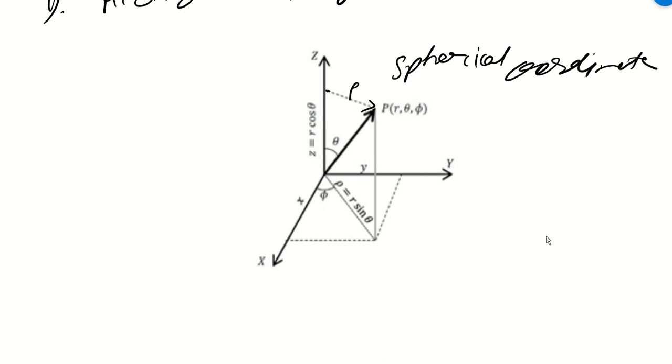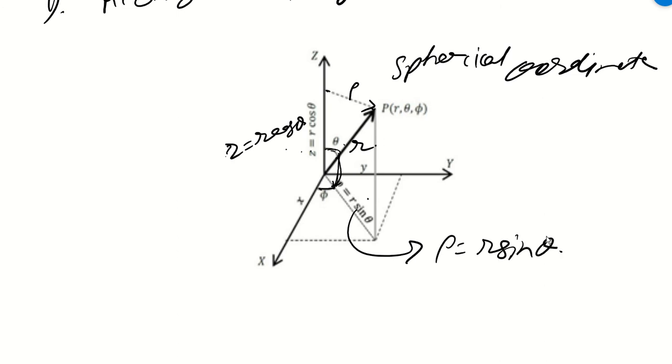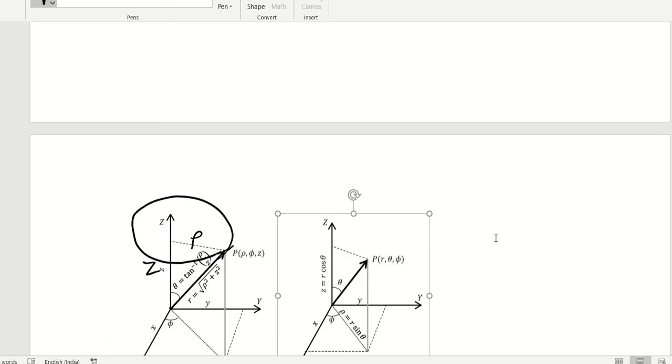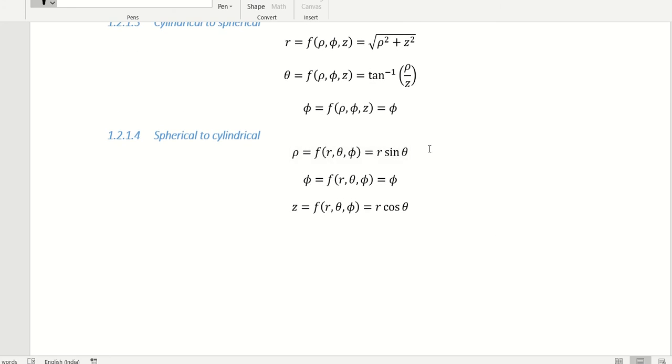This is my total r, this is my z. So z will be r cos theta. And if you see down, this total angle is 90 degrees, so rho will be r sin theta. And phi will be phi only, because the angle made in spherical and cylindrical is the same. So this is how we have got rho equal to r sin theta, phi equal to phi, and z equal to r cos theta.